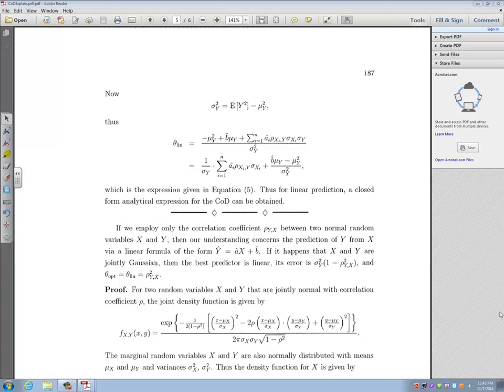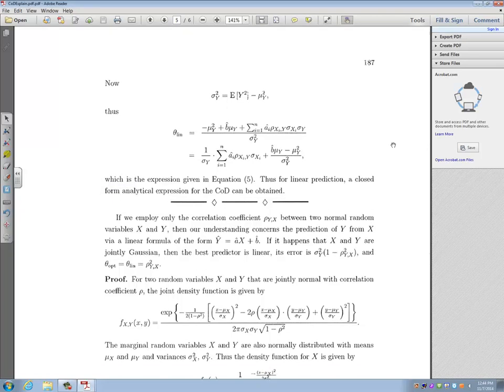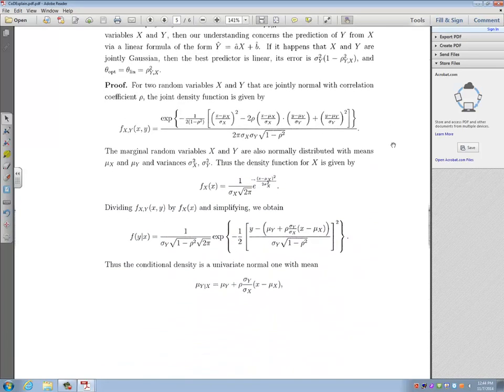So the density function for x is given by the following expression. If you integrate this out over y, you will get this density function, which is that for a univariate normal, all right?